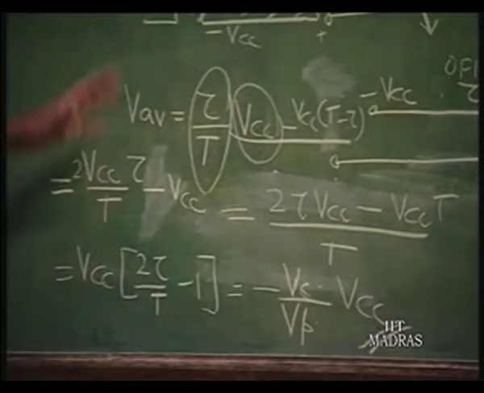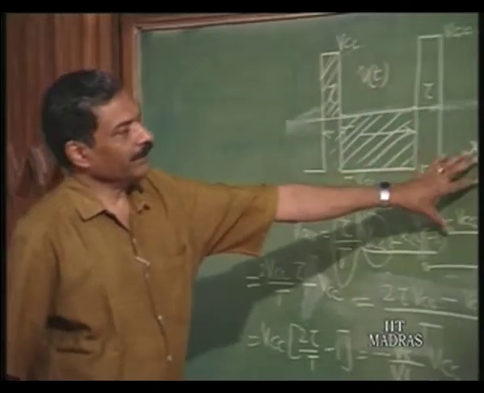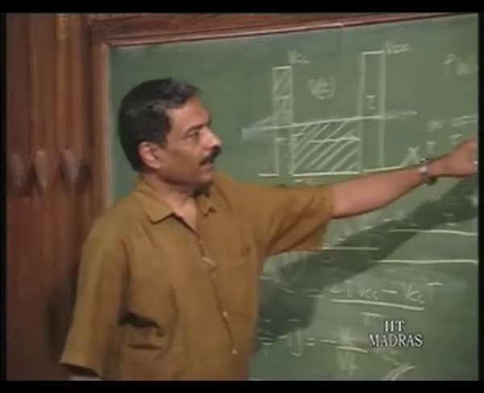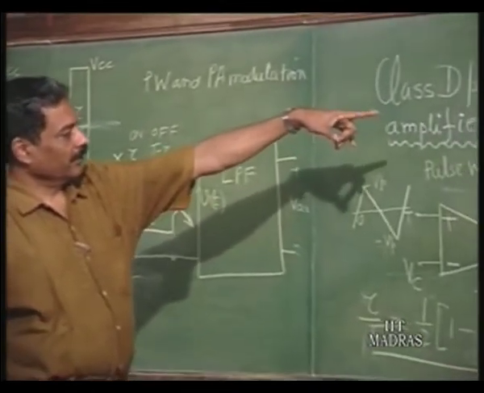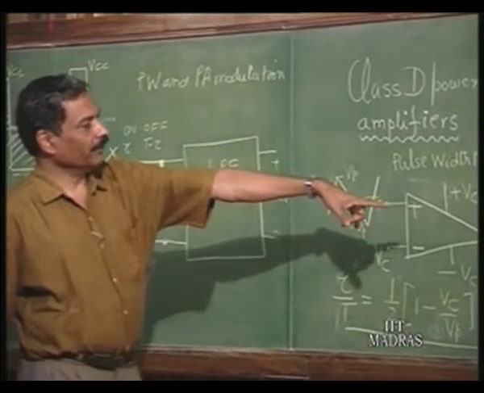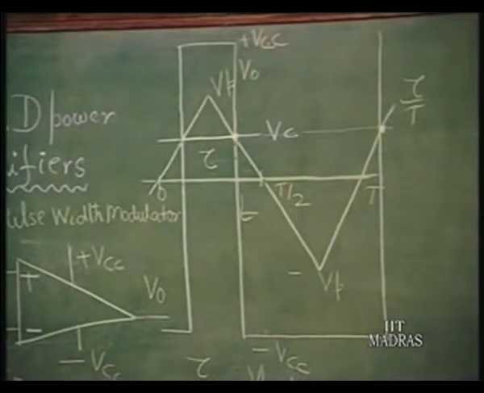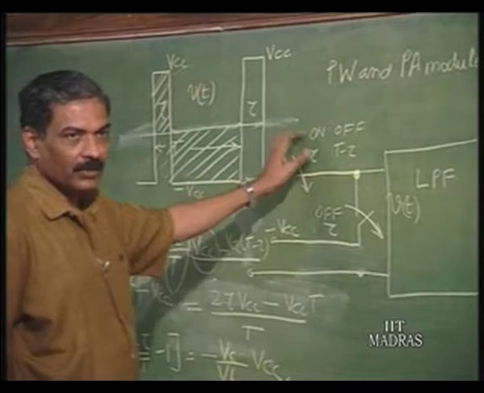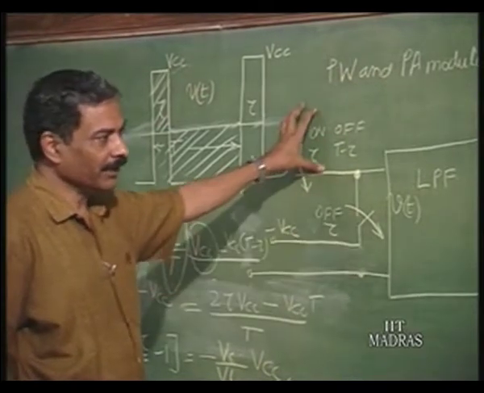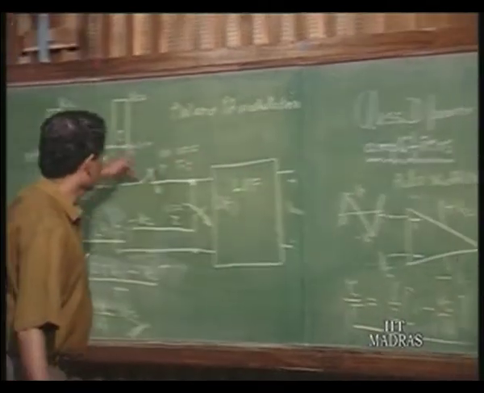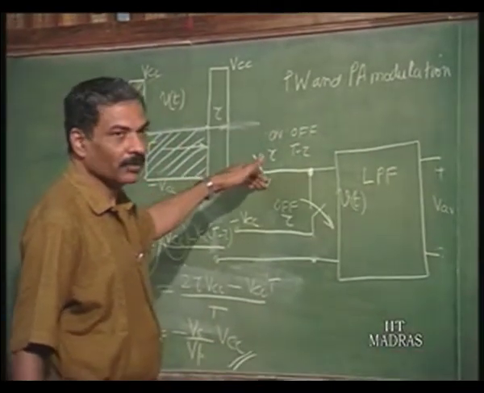So, if I use this kind of averaging circuit here and obtain an output voltage of this type, and make this control voltage control these switch positions, the closing and opening is going to be controlled by this voltage here. When this is high, this is closed; when it is low, this is open.